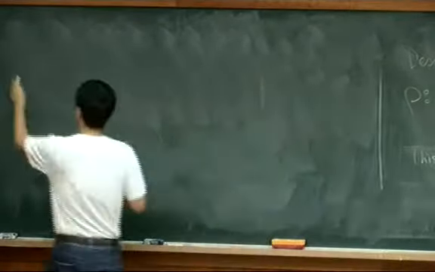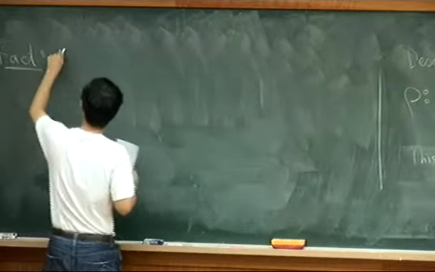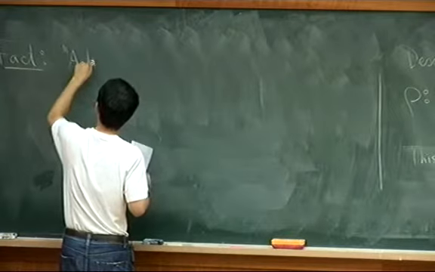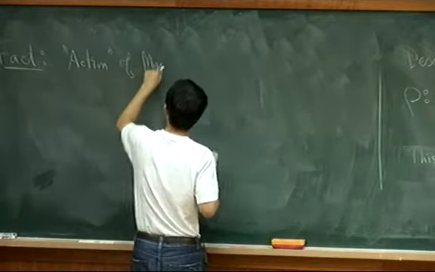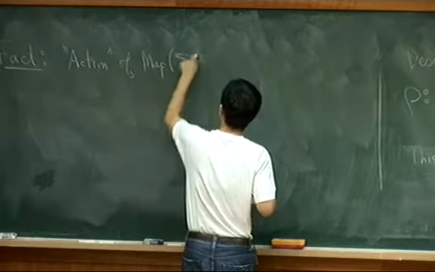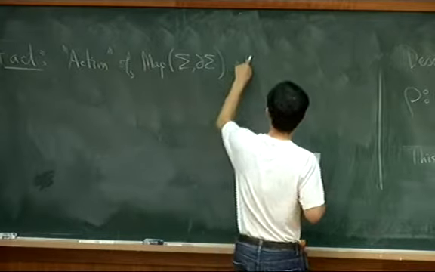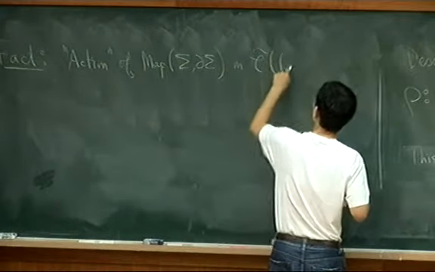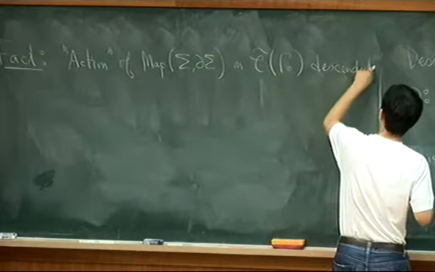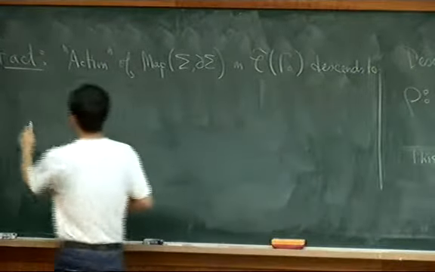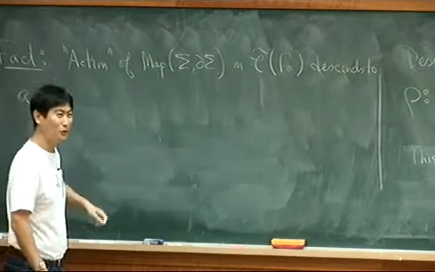The fact is that the action of the mapping class group, sigma boundary sigma, on C tilde gamma naught, descends to a projective crossed homomorphism.